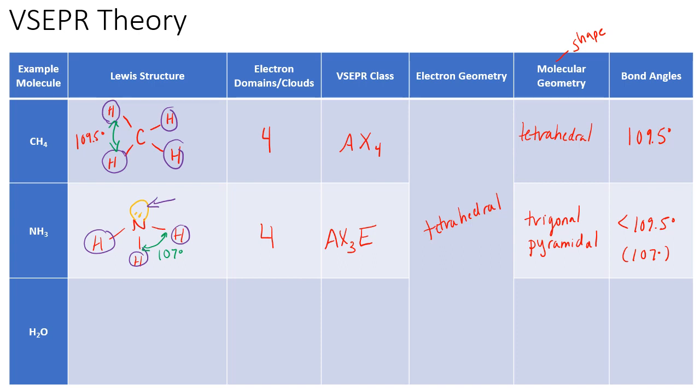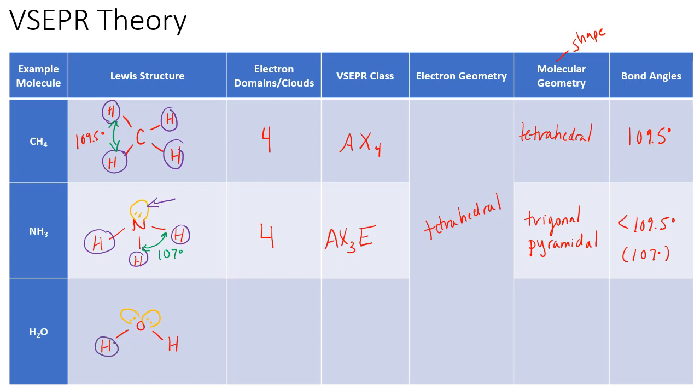Our next example is H2O or water. Let's draw our Lewis structure first. We have oxygen in our central position, and on our oxygen atom, we're going to have 2 lone pairs of electrons. So 1 domain here, 1 domain here. Our total number of domains is going to be 4.